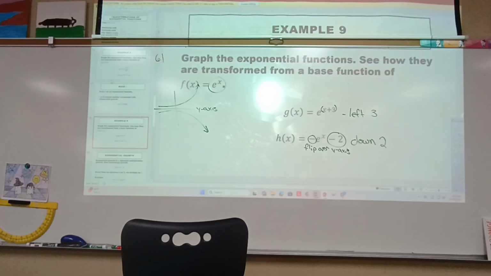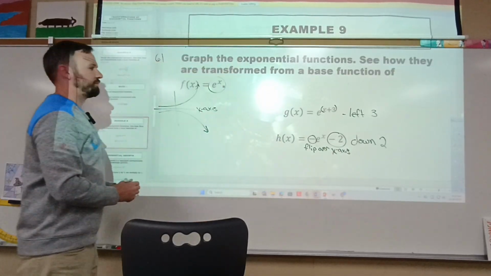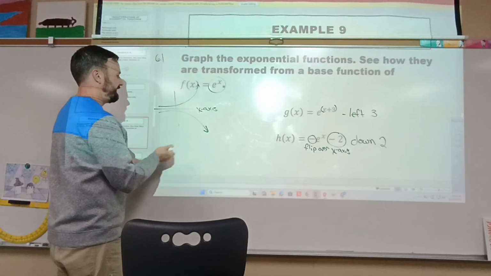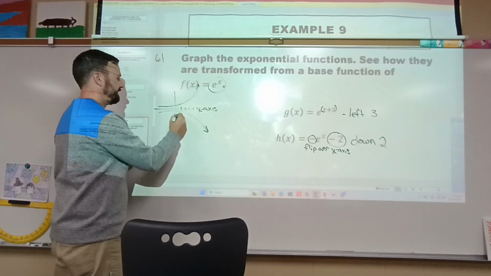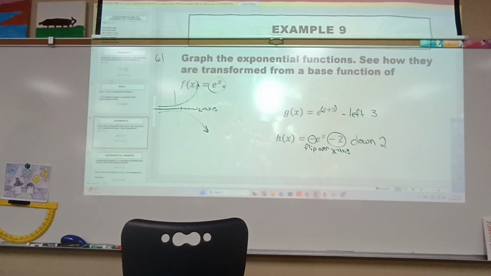Or did I say flip over x? Wait, no, I'm right. Jiminy Crickets, what am I doing with my life? I was 100% right. That's your x-axis, guys. I'm very tired. My bad. So I was 100% right before, and now it's 100% right. I'm just trying to confuse you guys.